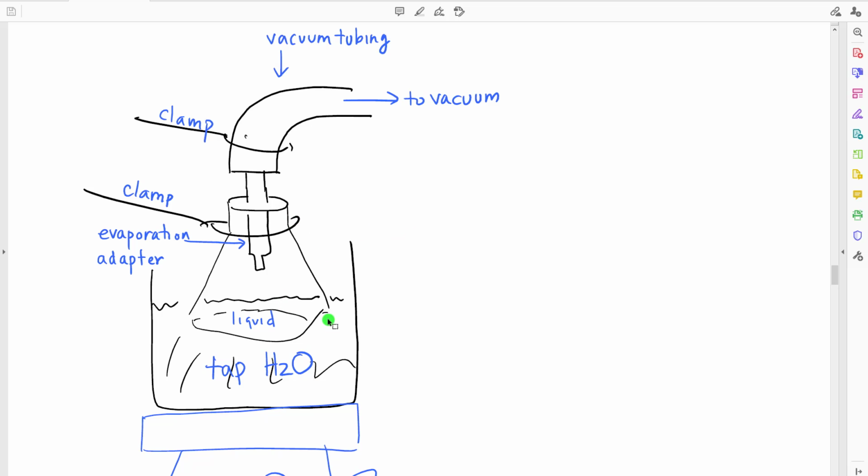Now what will happen is, once we set this up and turn on the vacuum, it will begin to draw air and vapor from the liquid into the vacuum system, where we have set up a very low temperature condenser to collect that liquid, and then there's a vacuum pump.